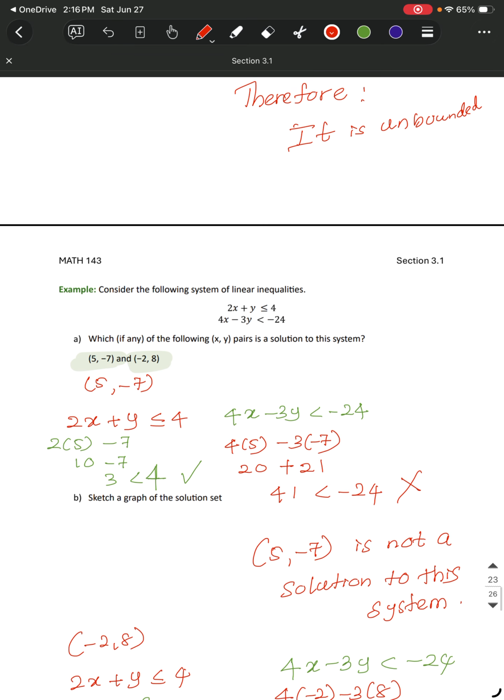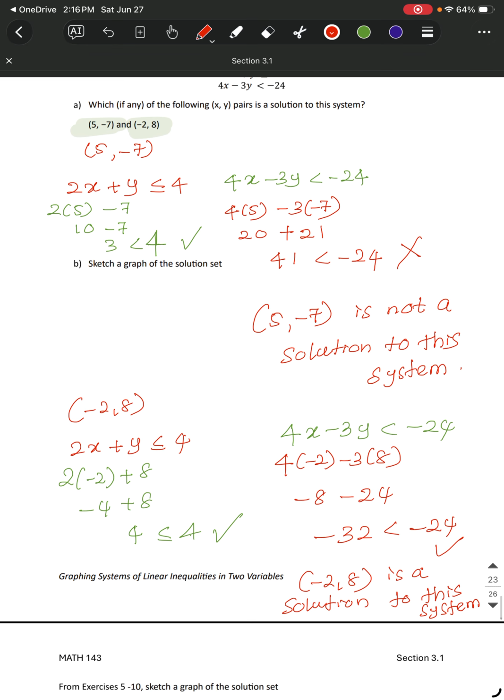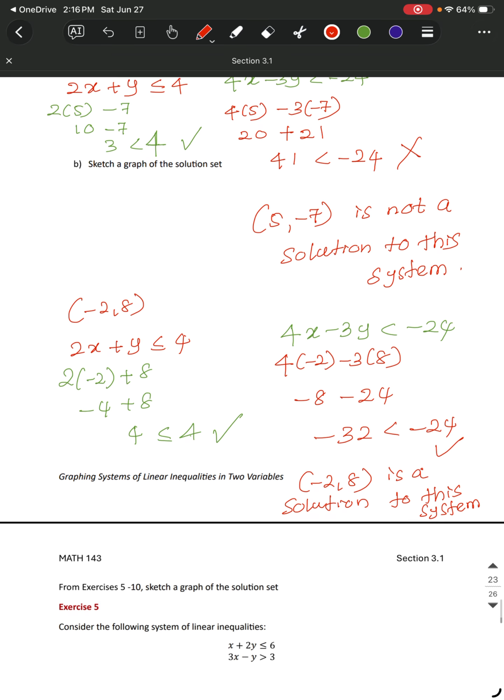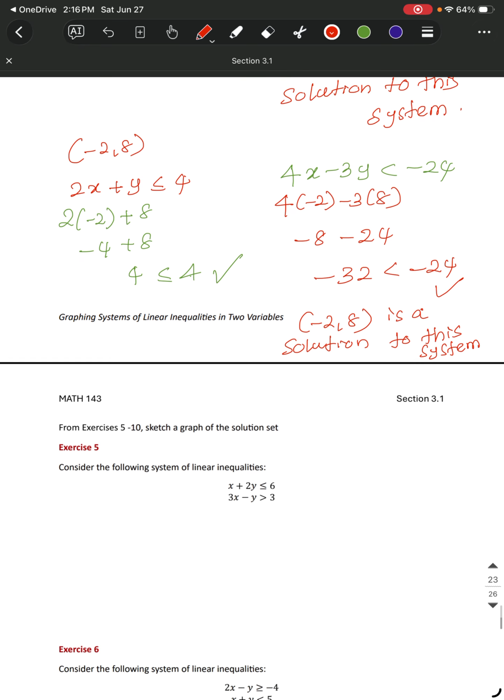Okay, to verify the solution, you can sketch the graph of the solution set.